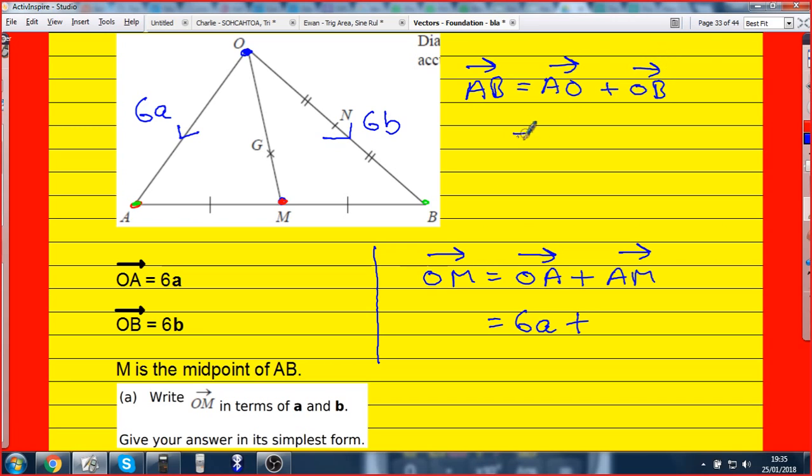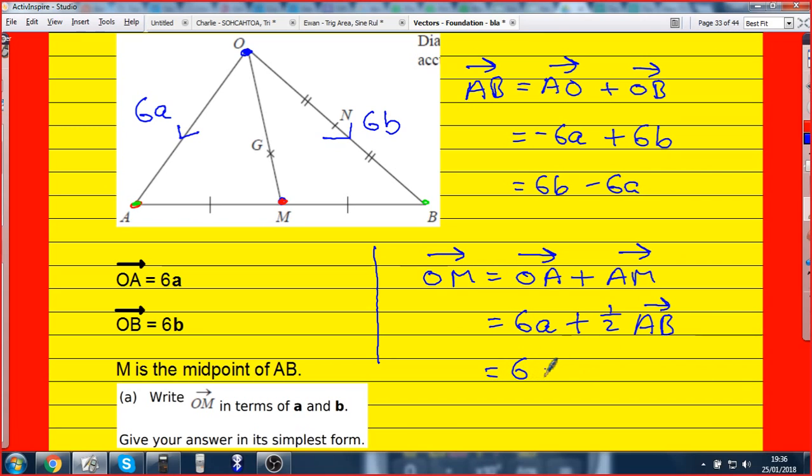A to O is minus 6A, plus 6B. So it's 6B minus 6A. And A to M is a half of AB. So it's 3B minus 3A.